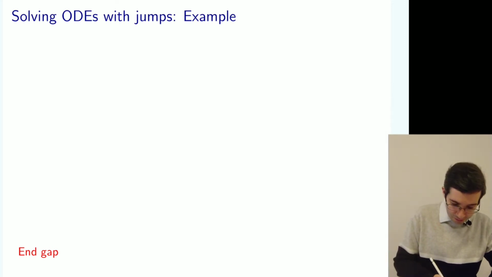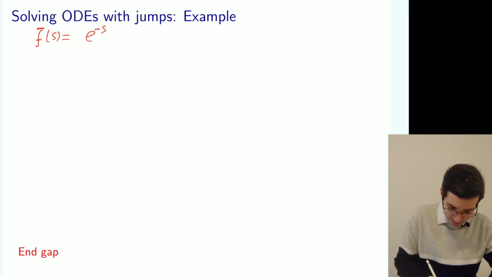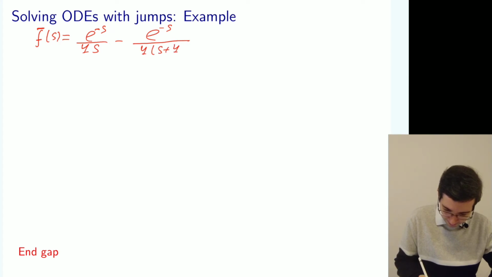So we have f bar of s, which is exponential minus s over 4s minus exponential over 4s plus 4.